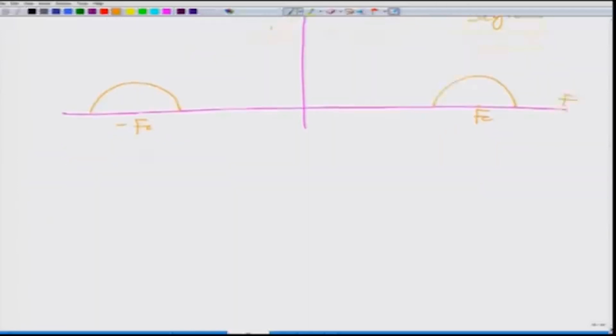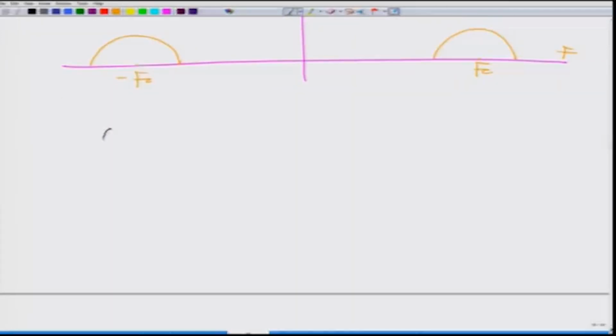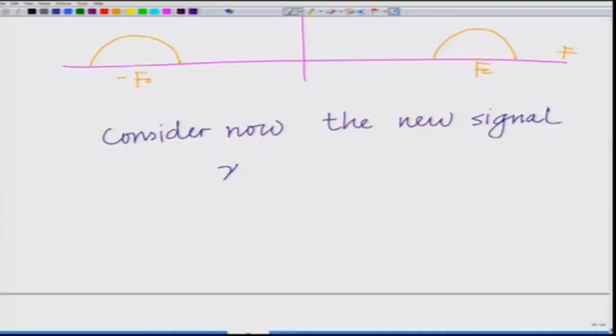Now, consider that we form a new signal, x t plus j x hat of t, where x hat of t we know is the Hilbert transform of x t.